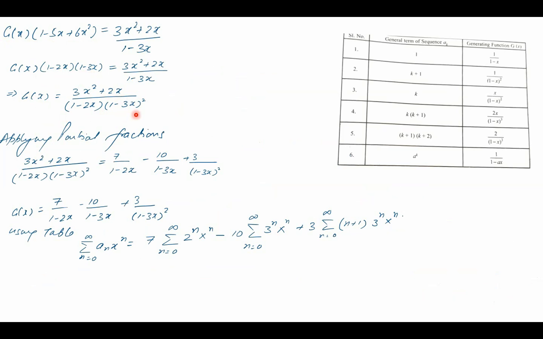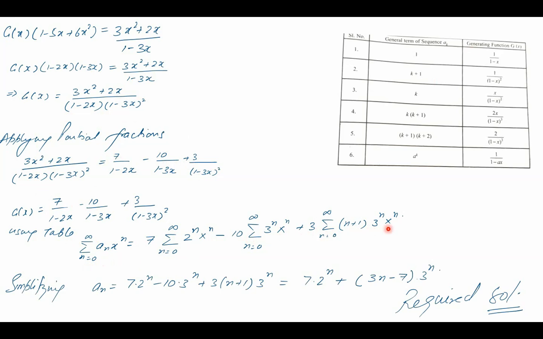Right? So applying the partial fractions, this becomes equal to 7 upon 1 minus 2x minus 10 upon 1 minus 3x plus 3 upon (1 minus 3x) square. So once again, using the table, this is equal to the summation of n is equal to 0 to infinity, a_n x^n: 7 into 2 to the power n x^n minus 10 into 3 to the power n x^n plus 3(n plus 1) into 3 to the power n x^n.